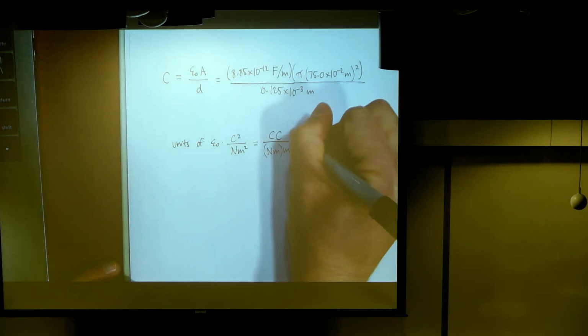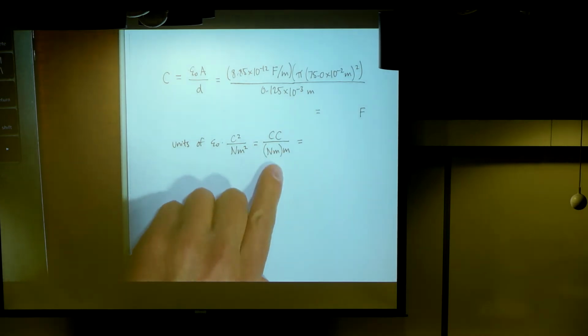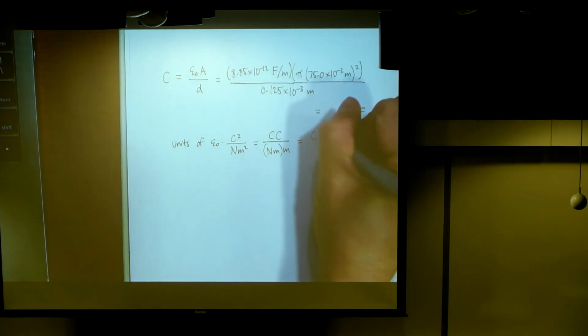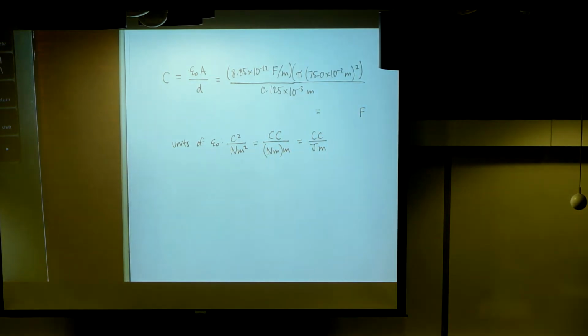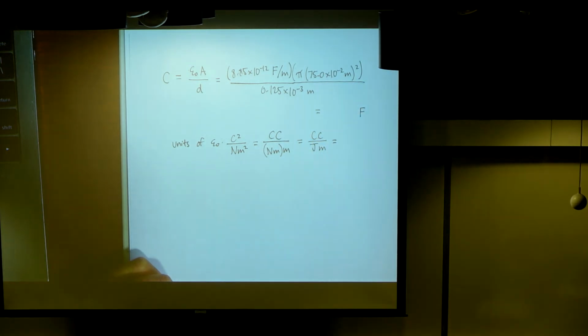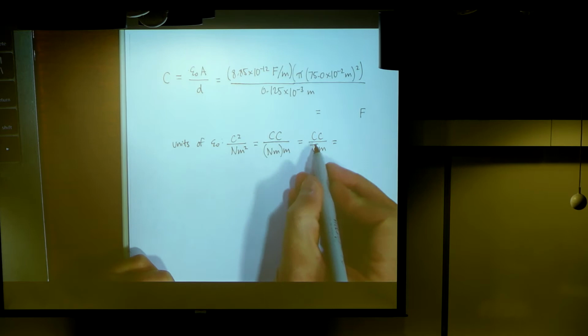So what is a newton times a meter? What's an equivalent unit there? That's a joule, if you recall. A newton times a meter. So what we have is coulombs times coulombs divided by joules times meters. All right, so the next thing I'm going to do is take one of these Coulomb factors and group it together with joules, okay?